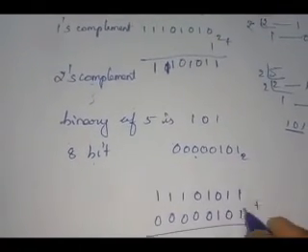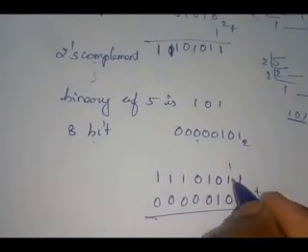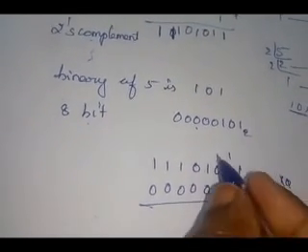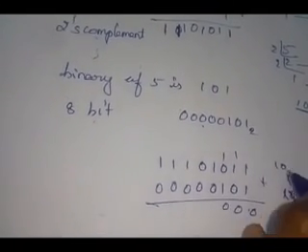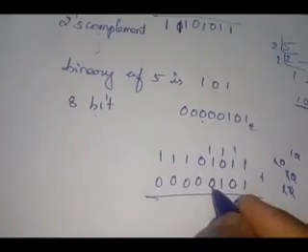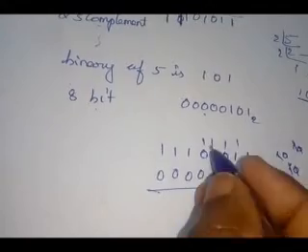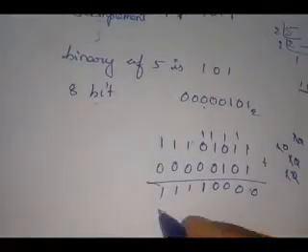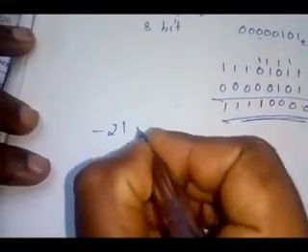Add. 1 plus 1 is 1 0, 0 is written here and 1 is the carry. Understand? Continue adding bit by bit with carries. This is the binary addition for this, minus 21 plus 5.